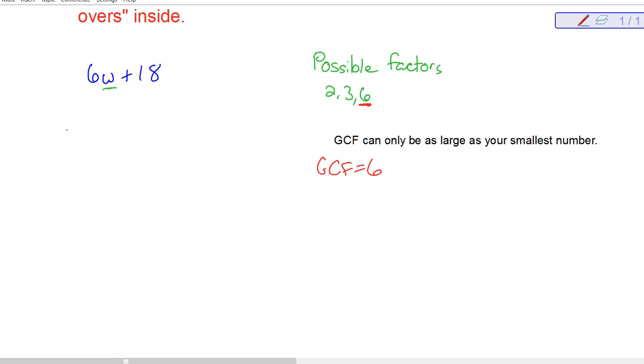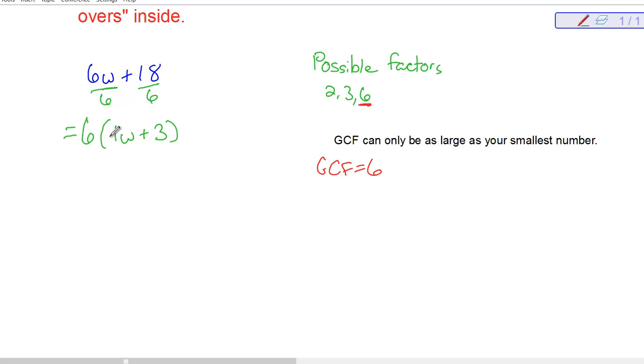So we're going to put the greatest common factor on the outside, and then divide both of these by a 6. Well, 6 divided by 6 is just 1, and I still have my w. And then a positive 18 divided by 6 gives me 3.